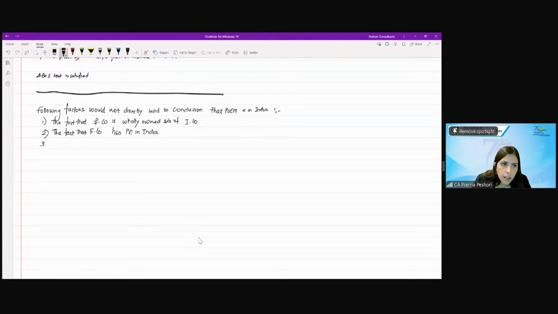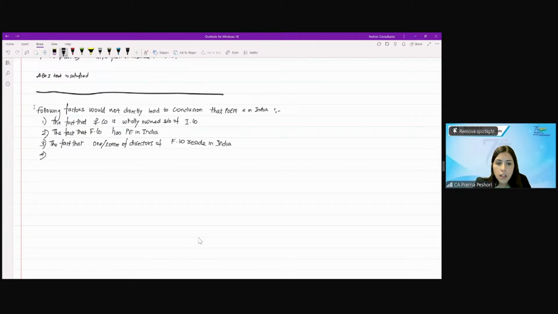Number 3. The fact that one or some of the directors of the foreign company reside in India.